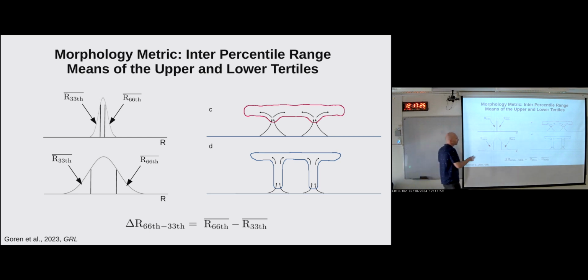So for homogeneous clouds, the difference will be smaller, while in more inhomogeneous clouds, the difference will be larger because the distribution of the albedo is wider. If we have this skewness to the right with the thick cores, this will affect the interpercentile range, delta R, the difference between the upper and lower percentiles.